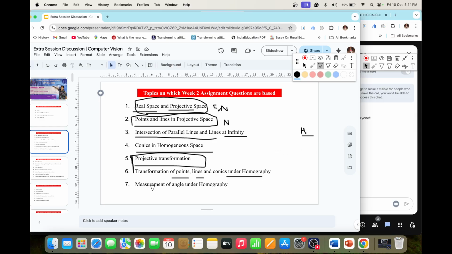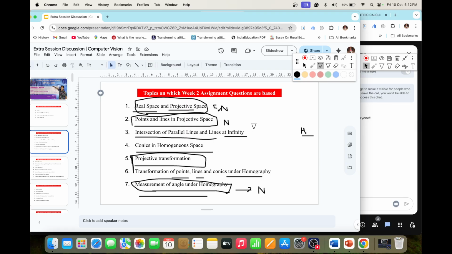And then at last, measurement of angle under homography. That is actually a very short concept but very critical in terms of your numericals. From this concept you can easily expect one numerical. So just see this concept, measurement of angle under homography. Under this you can get at least one numerical.